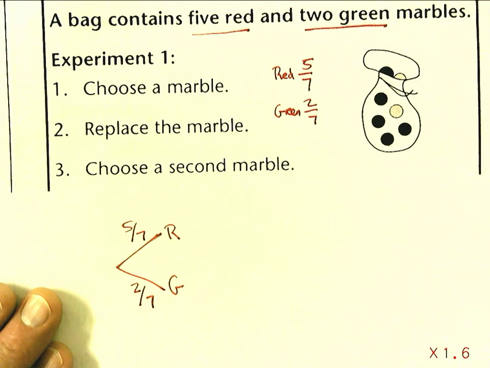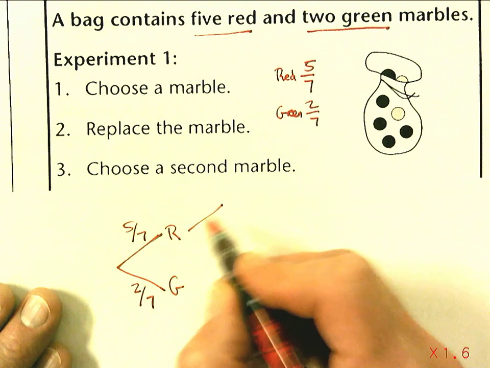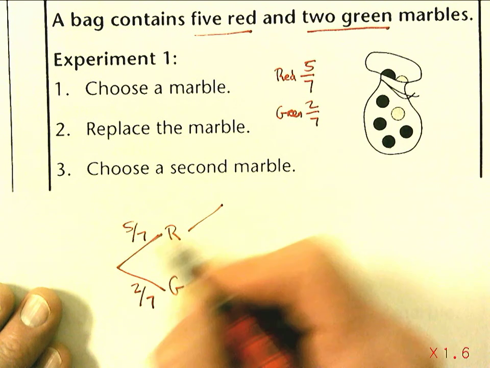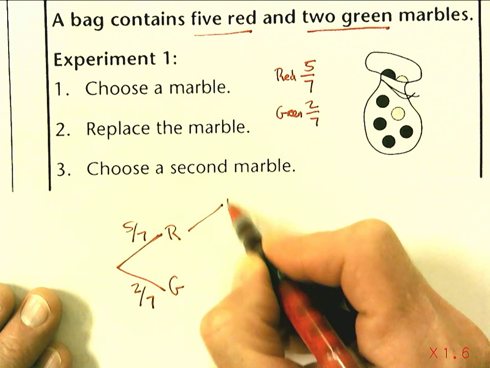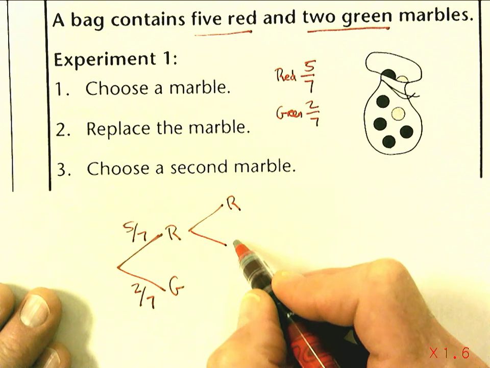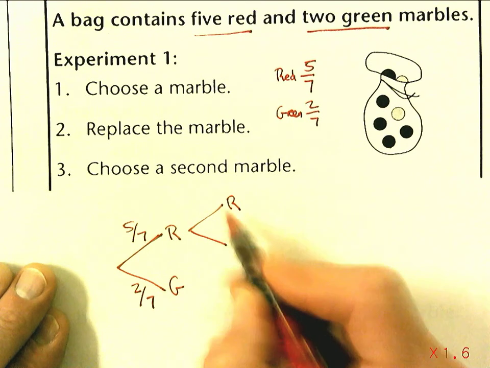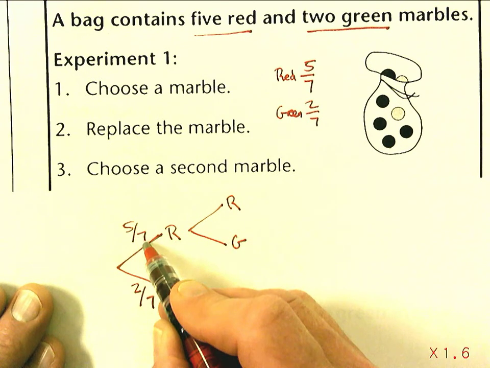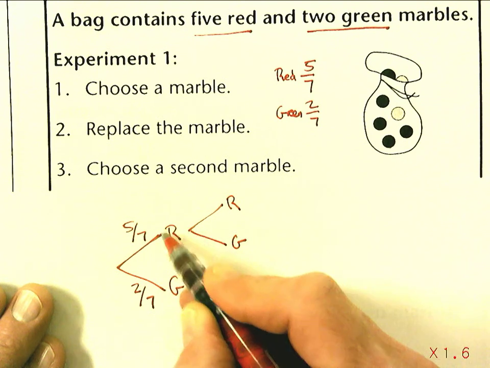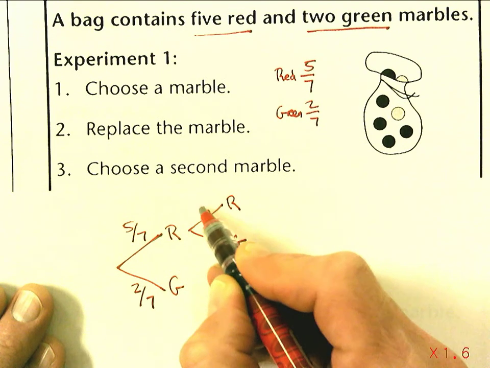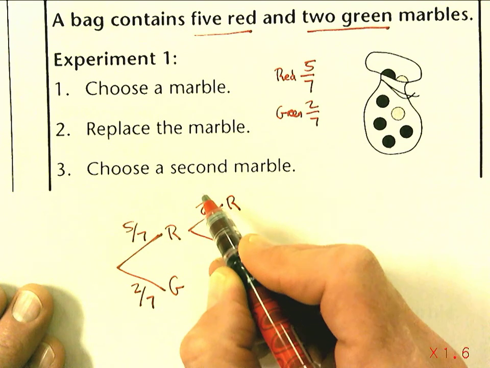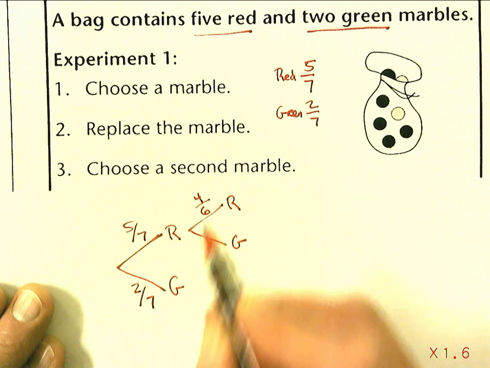But now on the second draw we actually have one less marble in the bag, because if we pull out a red one, there's going to be one less red marble in the bag. So there were 5 red, now there's only 6 marbles in the bag and 4 of them are red.